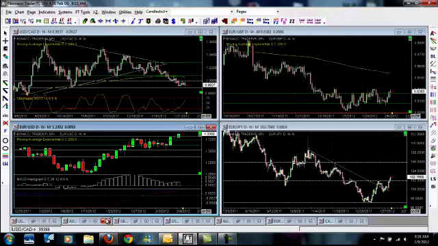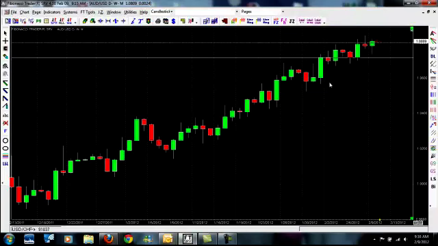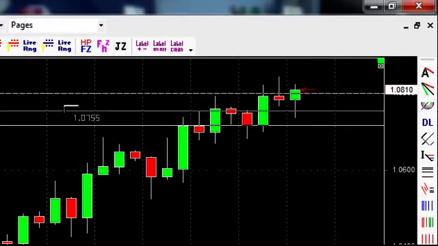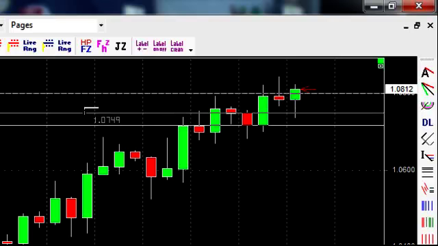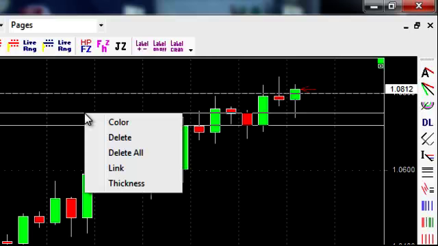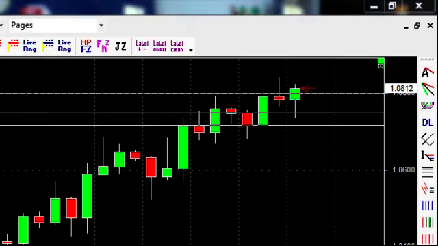Let me see if I can pull this up. This is just a simple chart, but we actually sold right in here on this Australian dollar US dollar pair at 1.7050. Let me make that green so we can see it.